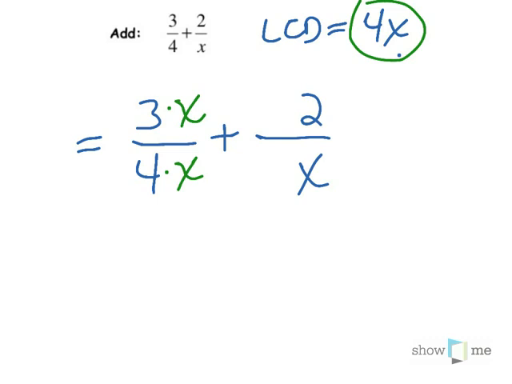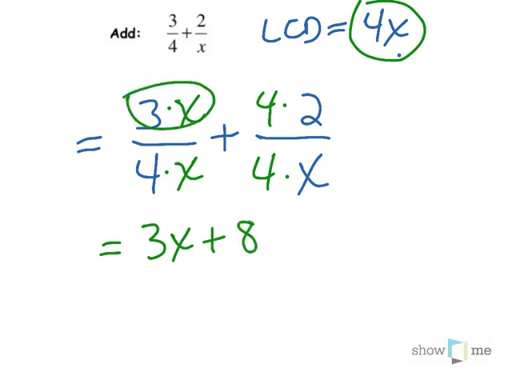And this other fraction is missing a 4 to make that 4x. I'm going to multiply the top and the bottom by 4. So that changes my fractions a little bit. Now what I have is a 3x on the top plus an 8. The 3x came from here, the 8 came from here, all over the same denominator, which was 4x. Finally, there's nothing I can do to simplify this, so that is my final answer.